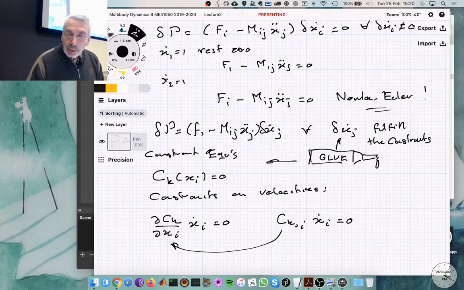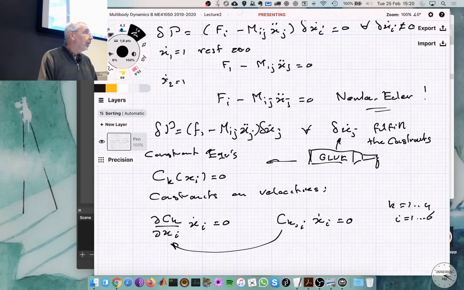And in our case, k is 1 to 4, and i is 1 to 6. We have 4 constraints and we have 6 coordinates. So these are these differentiations, the ones and the zeros and the cosines and the sines in our expressions.